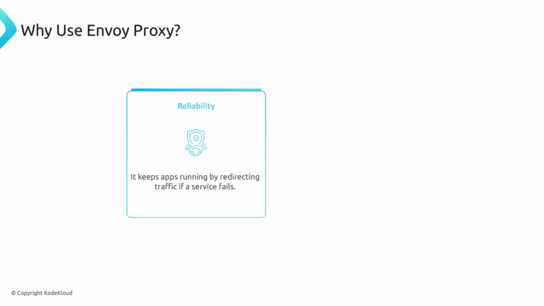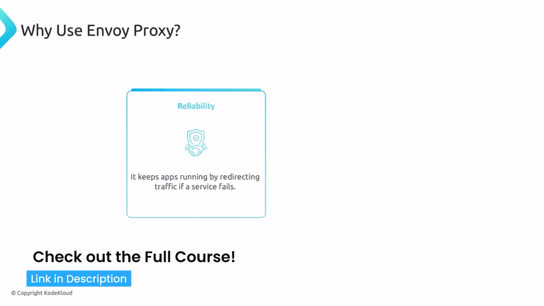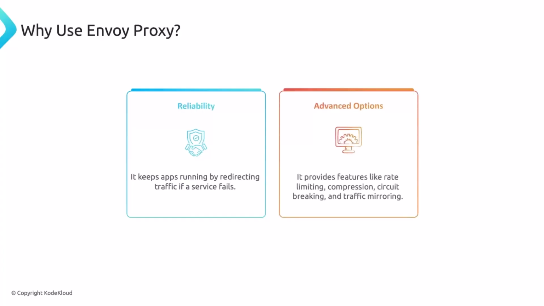Reliability, another big one. Envoy Proxy ensures that even if one server goes down, your application keeps running by redirecting traffic to healthy services. And some advanced options, right? Envoy Proxy offers things like rate limiting, circuit breaking, compression, traffic mirroring capabilities, etc.